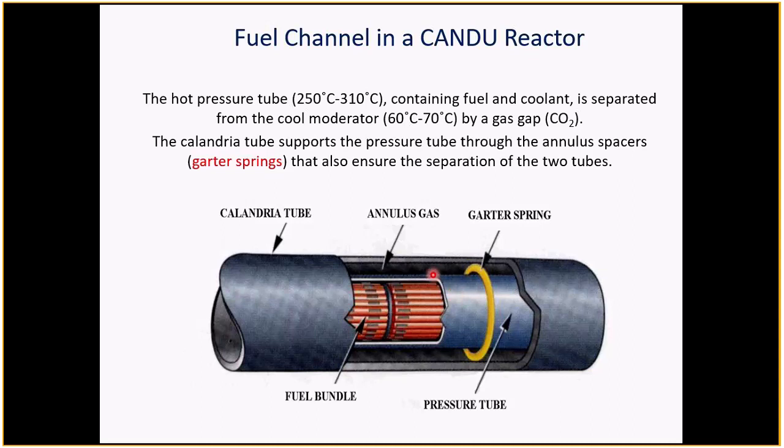It would be bad if this pressure tube contacted this cold calandria tube, cold being 60 to 80 degrees centigrade, because that would cause hydride to precipitate where the contact point was, and that would be bad because then you get hydride blister formation, and then you get failure, and there have been LOCAs.